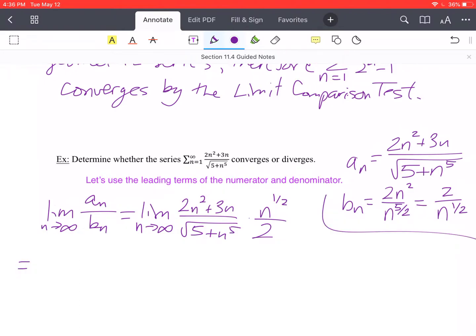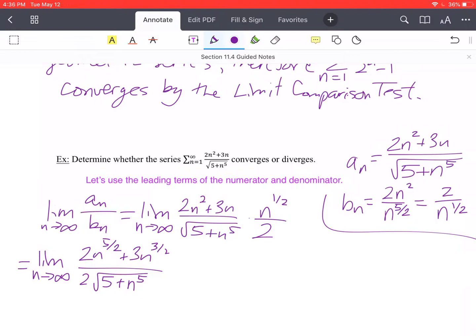So then we get the limit as n approaches infinity. So let's multiply that in. So the n to the 1/2 power, that's going to give us 2n to the 5/2 plus 3n to the 3/2 over 2 times the square root of 5 plus n to the 5th.